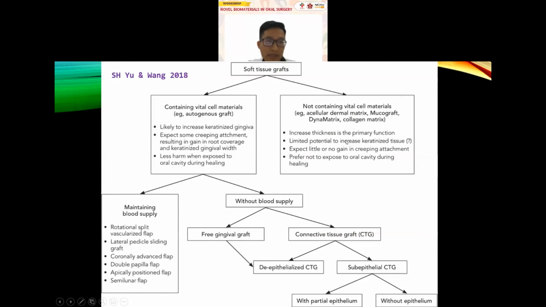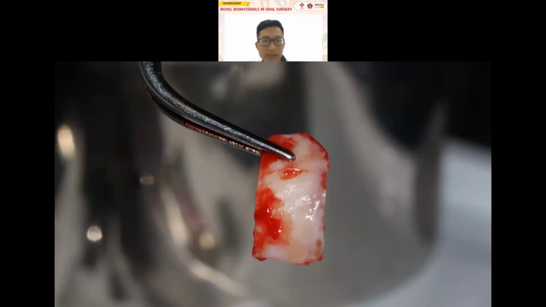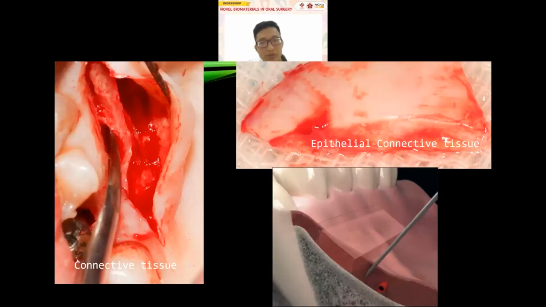The main different characteristic of the autogenous graft in comparison to the others is that it contains vital cell material. So it's very important for the healing of the graft. In this case, I use the autograft with two options. Option one is the connective tissue graft, and the second one is the epithelialized connective tissue graft.